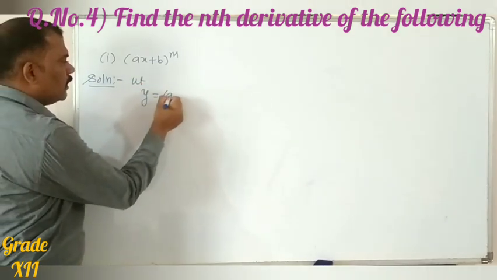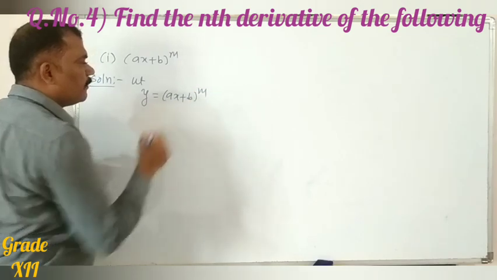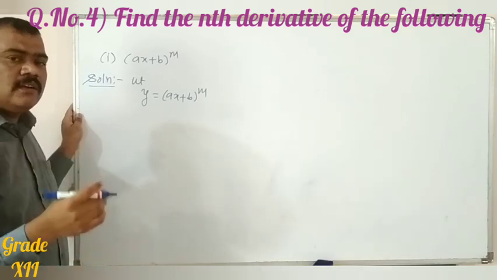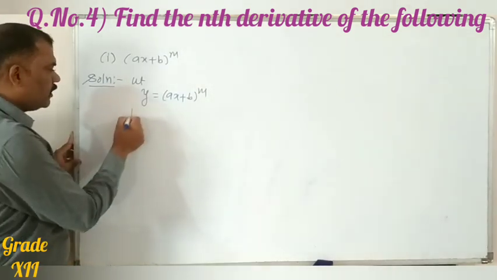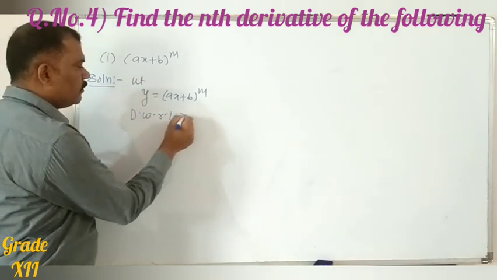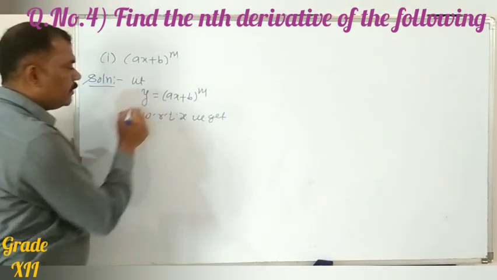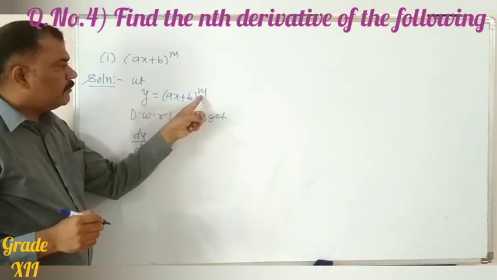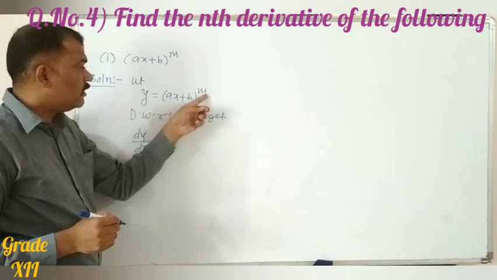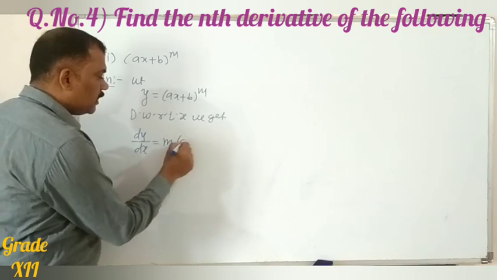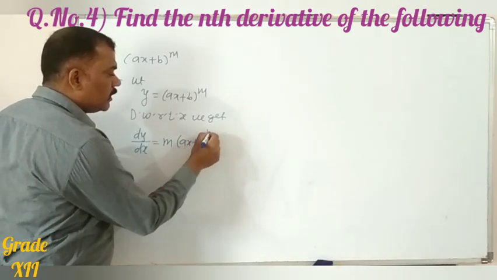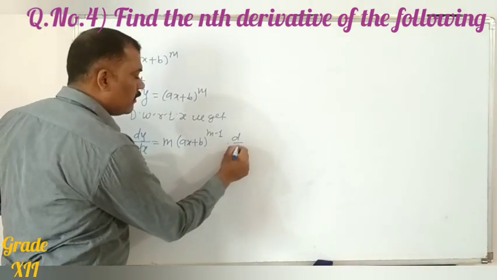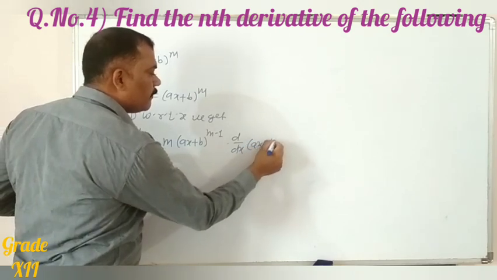Let y is equal to (ax plus b) raised to m. According to the first step, we find the first, second, and third order derivatives. First we differentiate this with respect to x. We get dy by dx is equal to, first we keep the power as it is, then from the power we subtract 1, that is m minus 1. Then we take the derivative of ax plus b, d by dx of ax plus b.